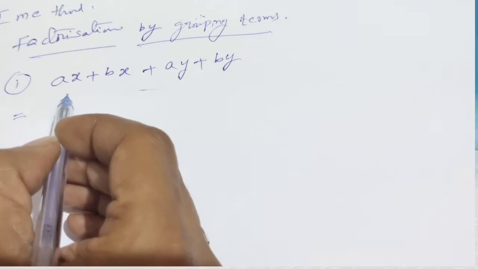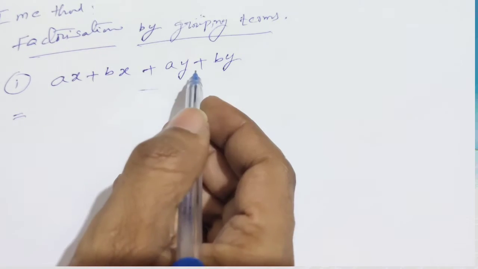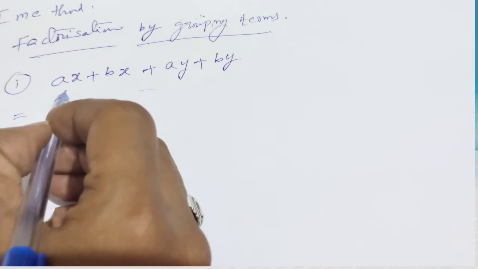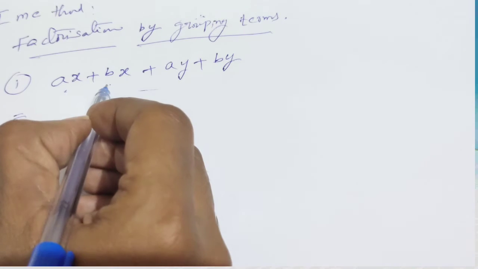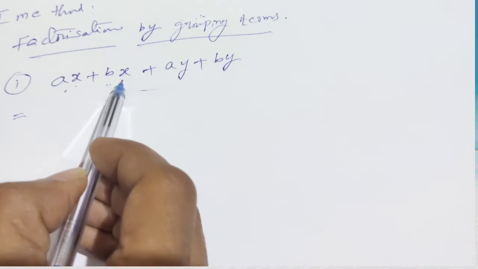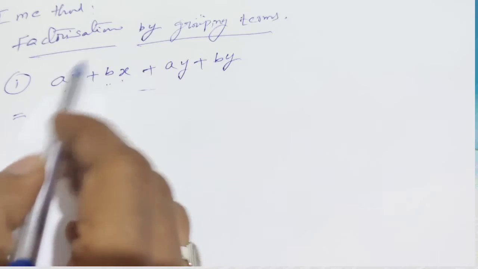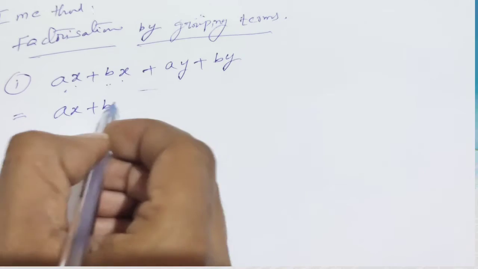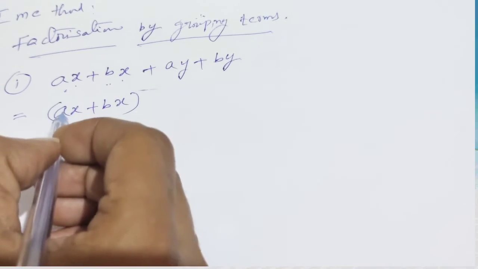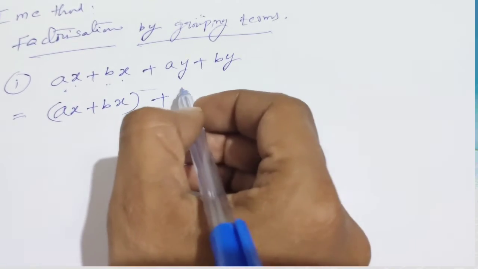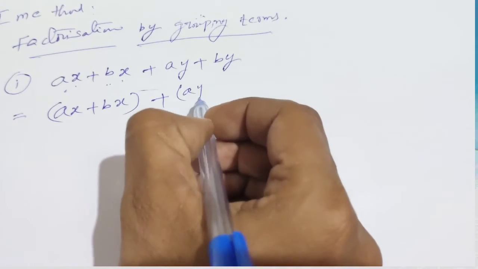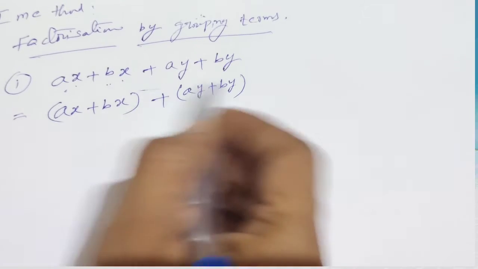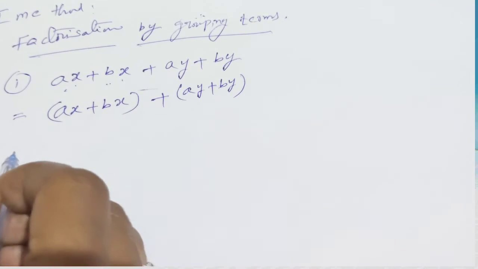So now here ax plus bx, ay plus by. First observe the two terms. In these two terms we have x as a common factor. So that's why we group these two terms. According to the method, the first step is grouping ax plus bx and the next two terms ay plus by.